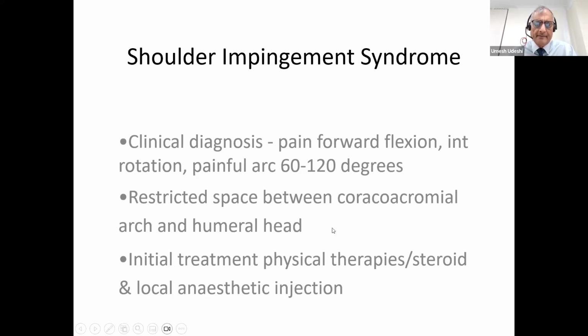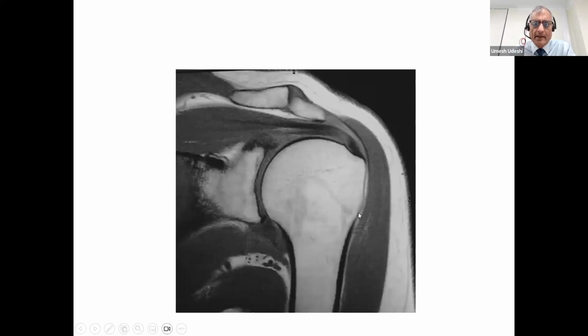There often is restricted space between the coracoacromial arch and the humeral head, which causes impingement upon the supraspinatus and or the infraspinatus tendons. Initial treatment, as you would know, is with physical therapies or sometimes with steroid and local anesthetic injection around the tendon to try and reduce any inflammation before your physical therapy can be carried out if there's a lot of pain.